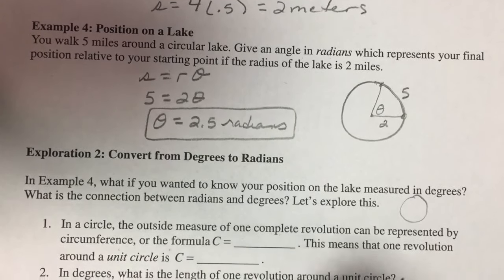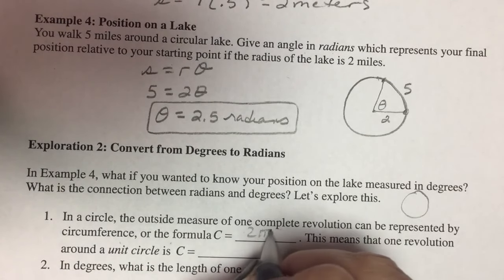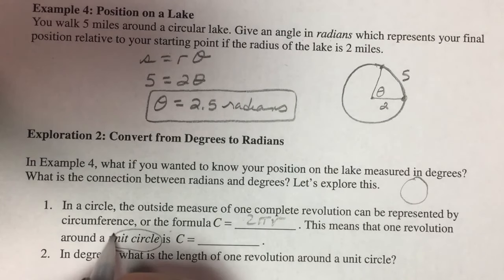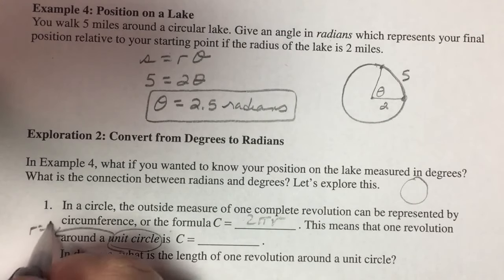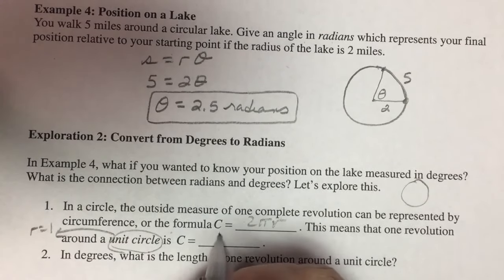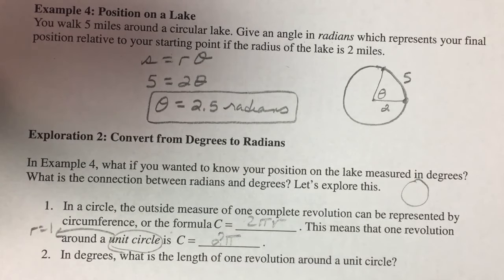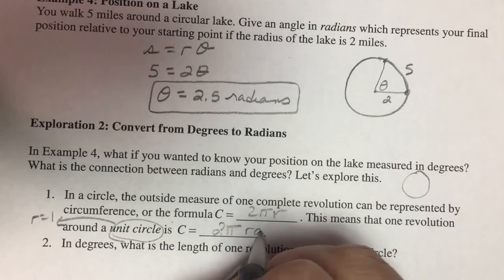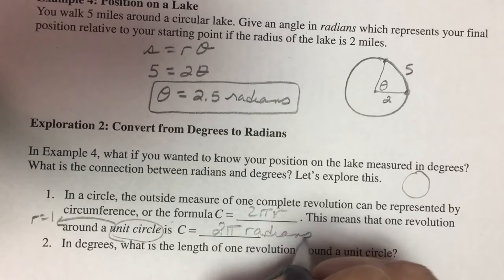The circumference formula for the circle is 2 pi r. So this means that one revolution around the unit circle, now remember the unit circle means it has a radius of 1, would simply be 2 pi. So one complete revolution around the circle is 2 pi radians.